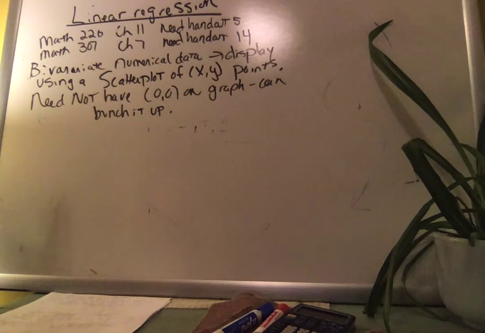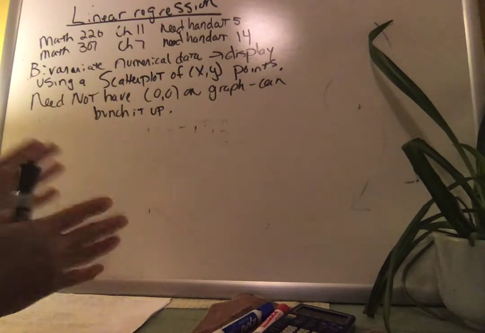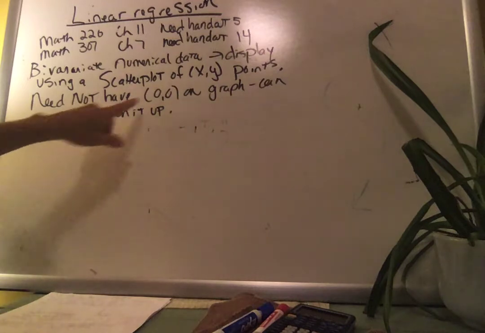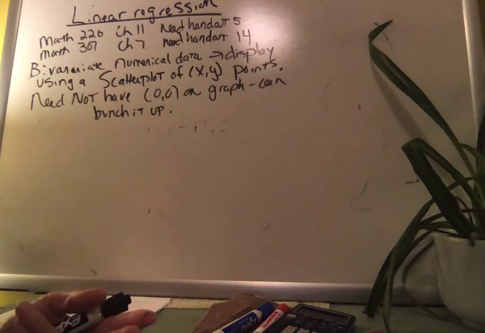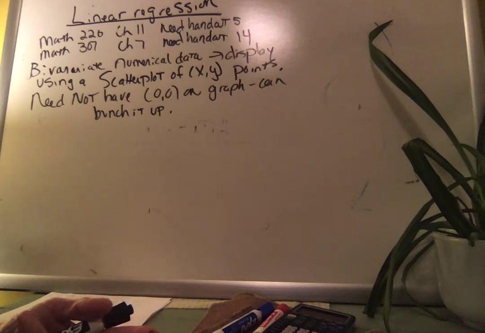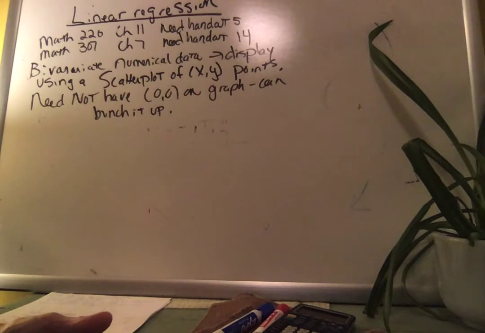Now, throughout Algebra 1 in high school, it always seemed like your teacher always made you show the origin. You could always see where the X and Y axis was intersecting at the origin. You don't actually have to have that on the graph. Think about if we're looking at the relationship between used car prices and how many miles are on that used car, right?